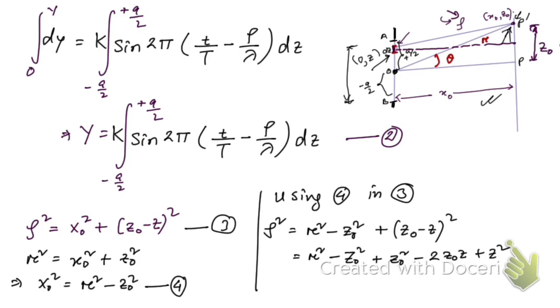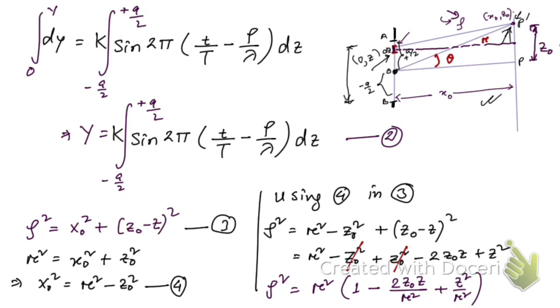So here you can see clearly that these two cancel. Now if you take r square common, then rho square is going to be equal to r square times 1 minus 2 z naught z by r square plus z square by r square. That's what we're going to have, right?